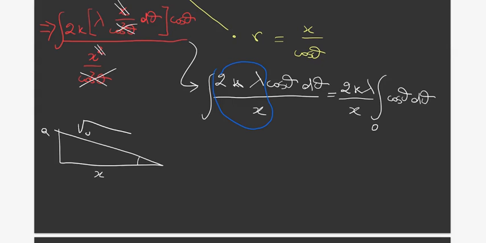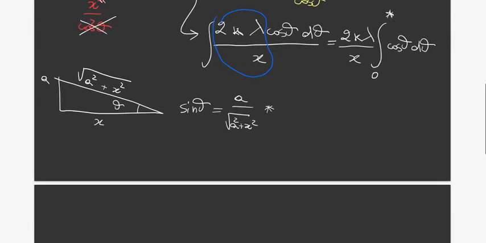The hypotenuse is the square root of a squared plus x squared, and this specific theta as an upper limit can be obtained from the sine of theta, which equals a divided by the square root of a squared plus x squared. And theta will be the arc sine of this ratio. Let's just leave a star so I don't have to write it.